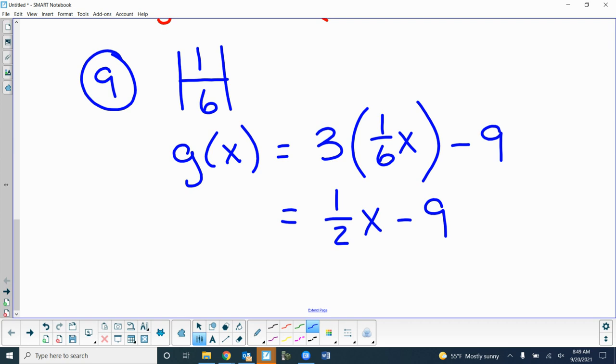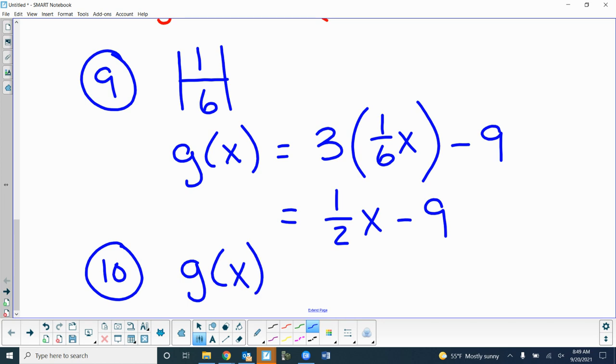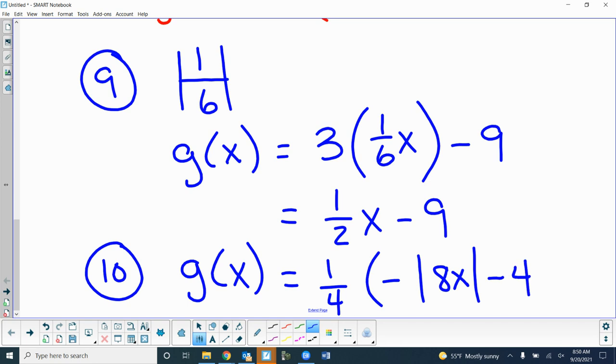Okay? And then number 10, we're back to vertical, so we're multiplying that whole thing by that factor of 1/4. Vertical, whole thing. So we had a negative, and then we had 8x inside the absolute value, and then the minus 4.